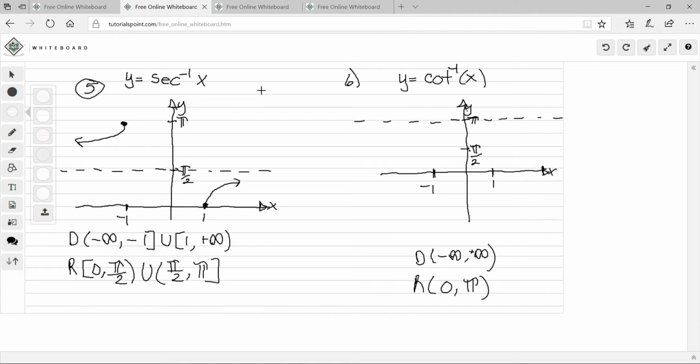Our domain is from -infinity to +infinity, and our range is from 0 to pi. Hold on, I'm not done with this graph. So it should look something like this.